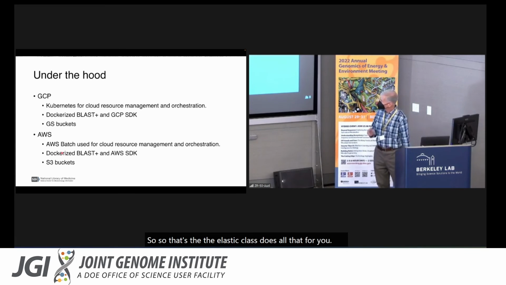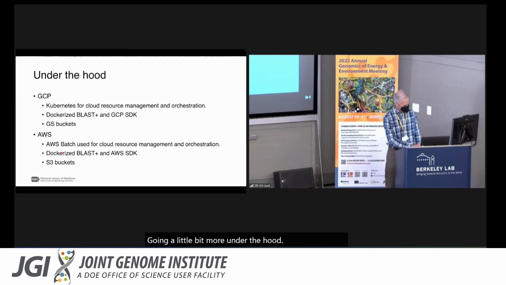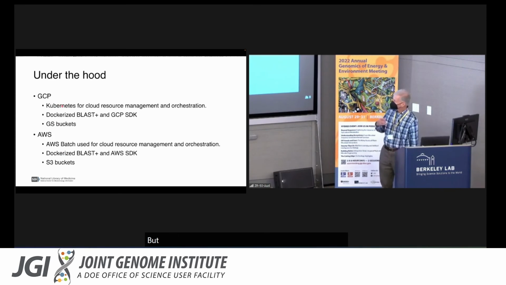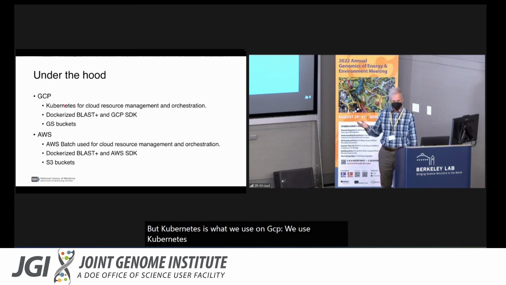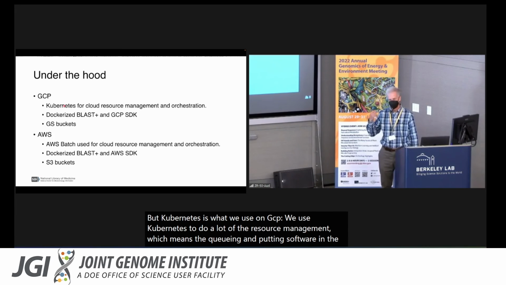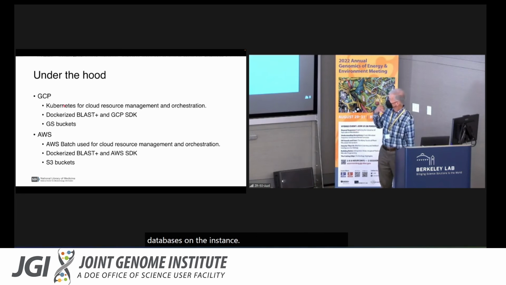Going a little bit more under the hood, and this is maybe for people more familiar with this, Kubernetes is what we use on GCP. We use Kubernetes to do a lot of the resource management, which means the queuing, putting the software and databases on the instances, and then shutting it all down.